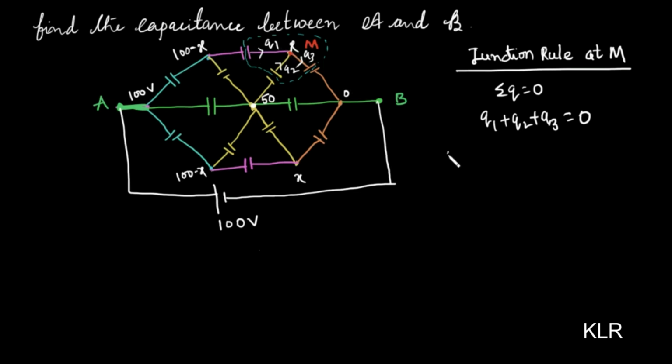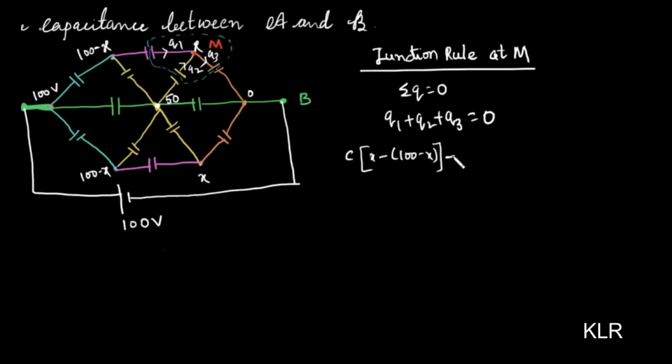Here C into the potential difference is X minus (100 minus X), plus Q2, which is C into X minus 50, plus C into X minus 0, is equal to 0.